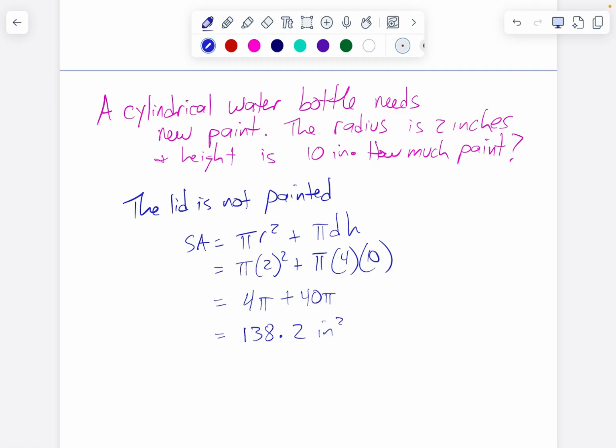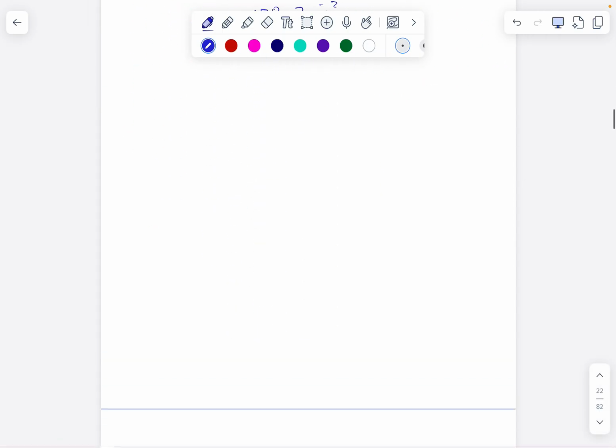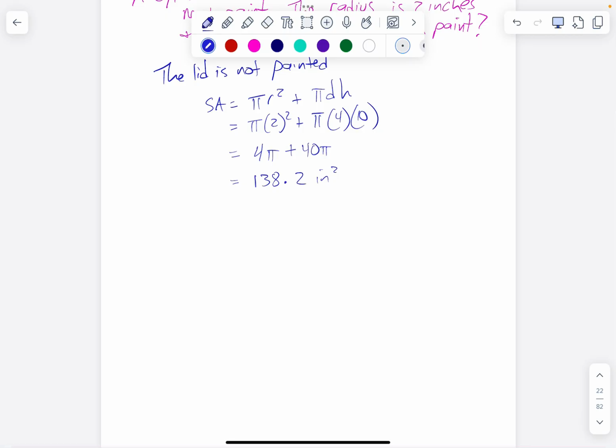Which one has more surface area? Okay, so maybe it's cheaper to manufacture bottles in different shapes so that it doesn't take as much paint to cover them. Also, it's harder to hold a big fat water bottle than a long skinny one too, right? So there's lots of design considerations when we do this kind of stuff. All right, any questions on surface area now?